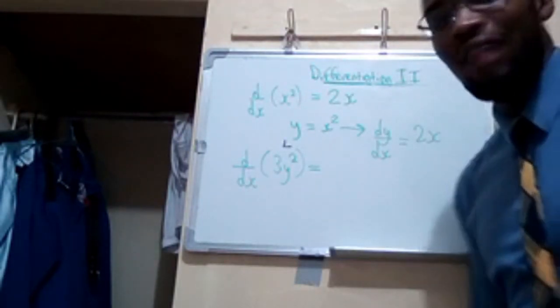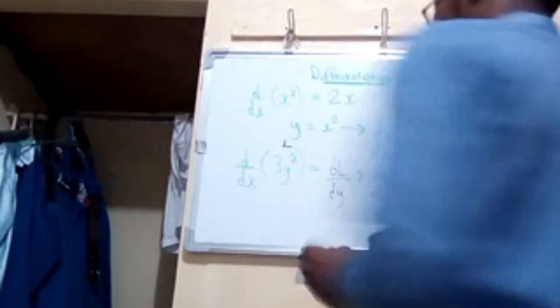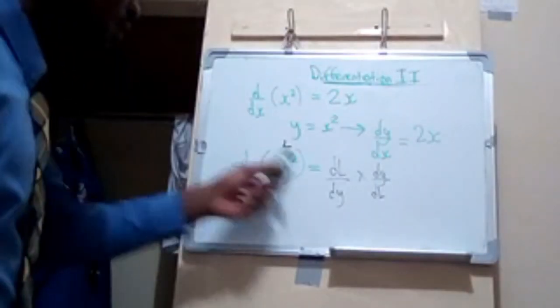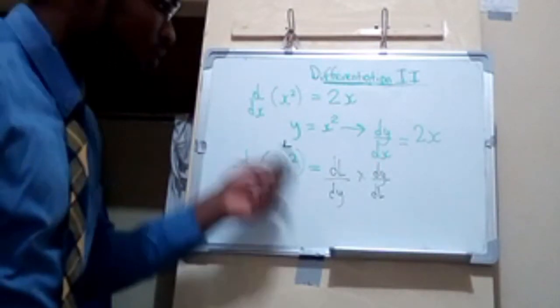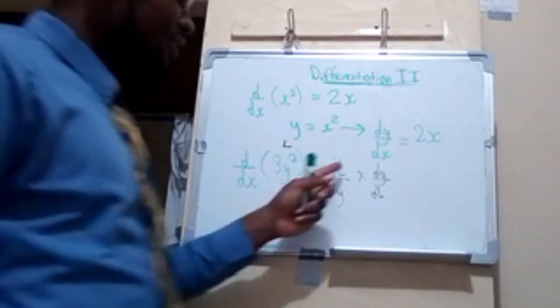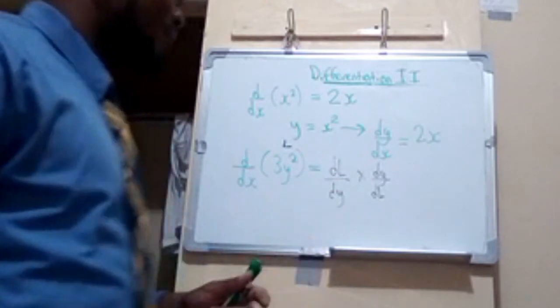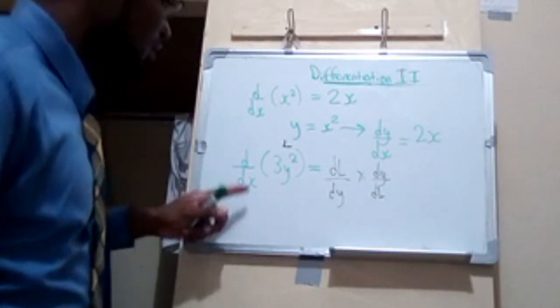To find dl by dx, we can write dl by dy times dy by dx. Agreed? If 3y squared was L, then it is dl by dy. Wait.